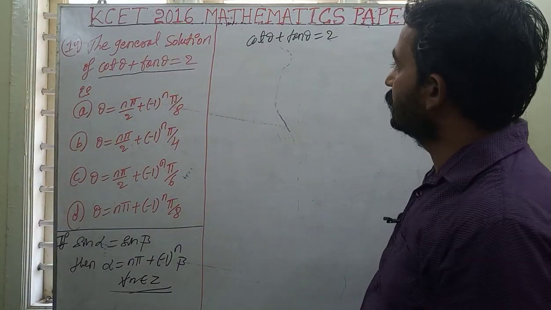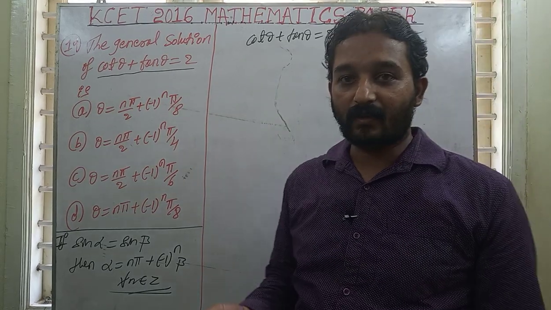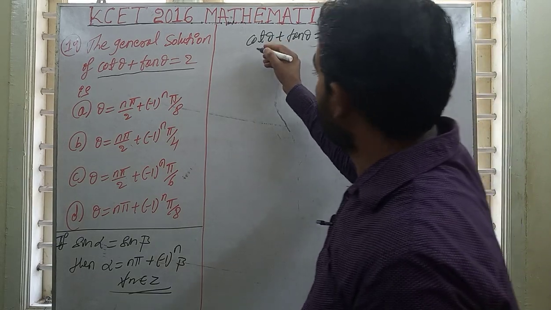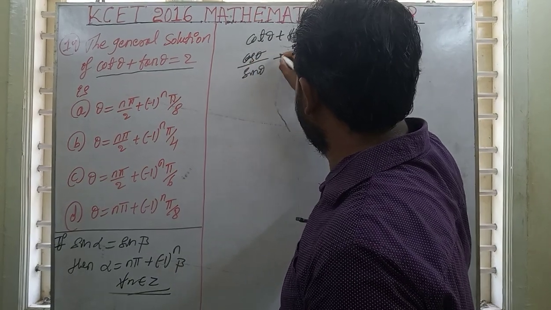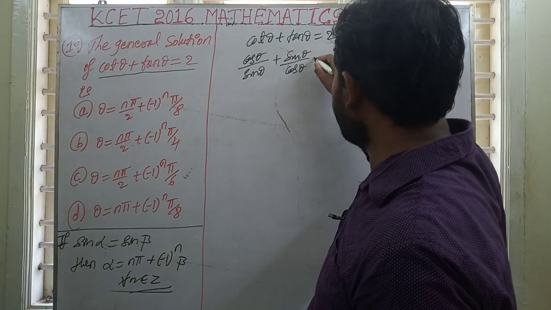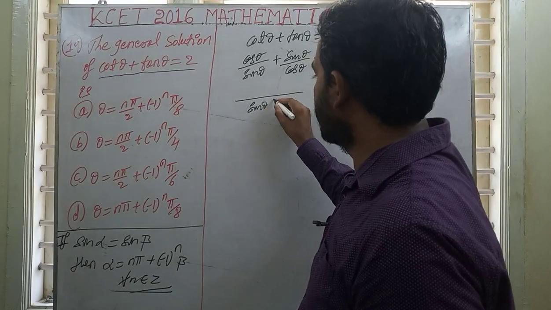Now using the trigonometric identities, cot theta can be written as cos by sin, and tan as sin by cos. So cos theta by sin theta plus sin theta by cos theta equal to 2. Now take the LCM sin theta into cos theta.